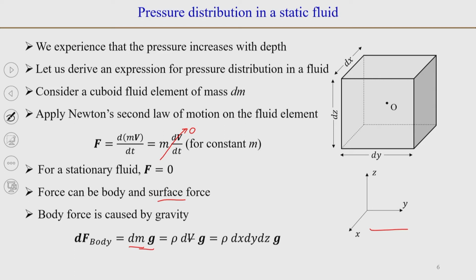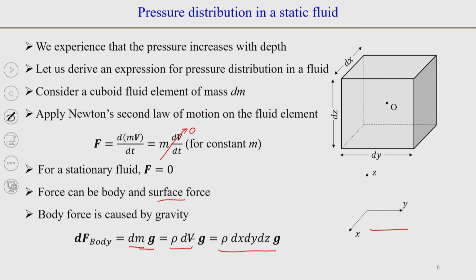So, if fluid element volume is dV, then dm is equal to rho dV, into g. Now, we can see that for this cuboid, dV is equal to dx dy dz. So, multiplication of the 3 sides will give us the volume of this fluid element. So, this is equal to rho g dx dy dz. So, this is the body force.